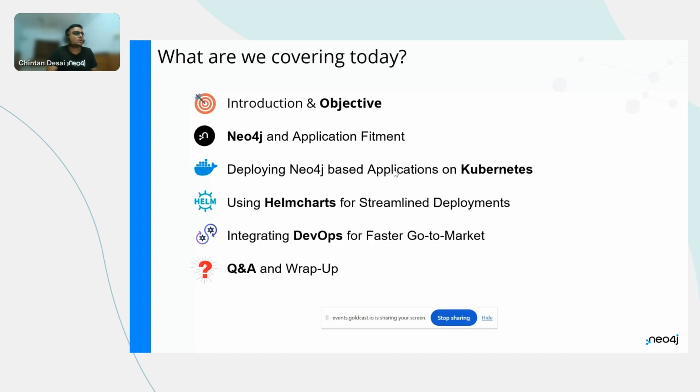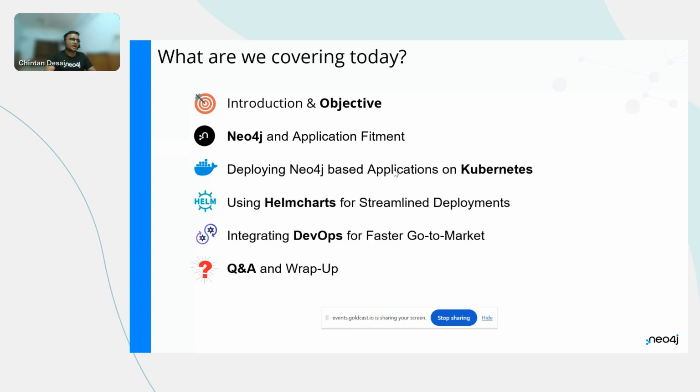So what we are going to cover today is we'll understand the Neo4j application fitment. We'll look at both Neo4j self-managed as well as the Neo4j graph database as a service, the managed service offering from Neo4j, that's Neo4j Aura.